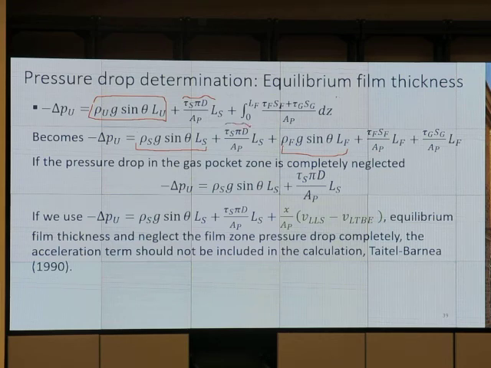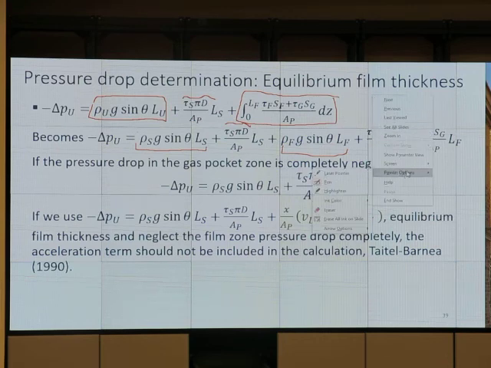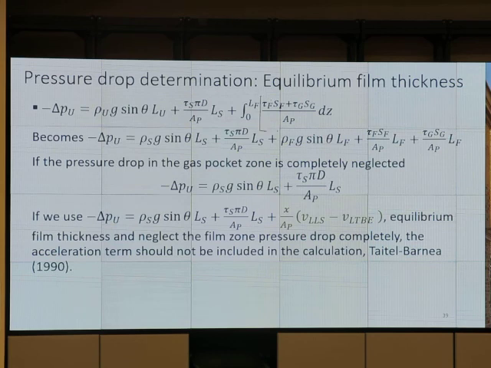The last one is where we have an approximation. Instead of doing integration, I use tau_f S_f over A_p L_f. What this means is I take this whole thing out and integrate from 0 to L_f. So the first term is multiplied by L_f, the second term multiplied by L_f. I get that.